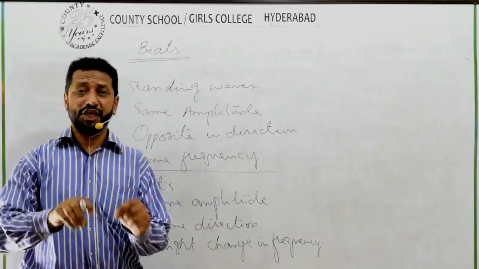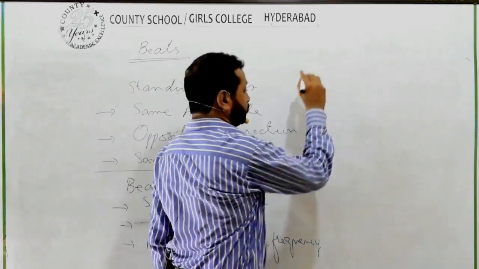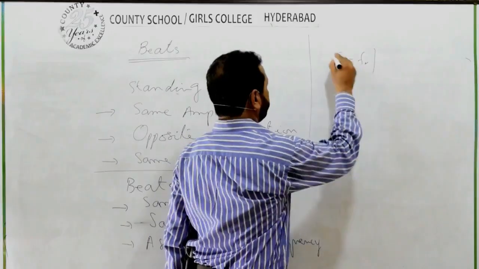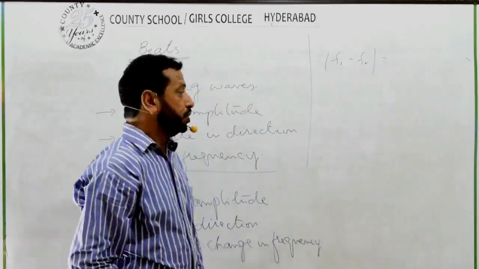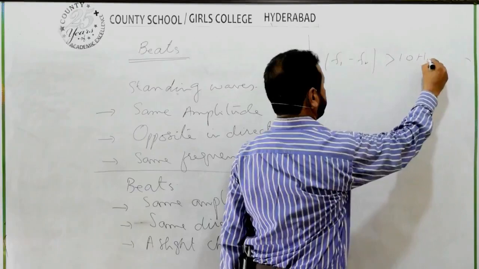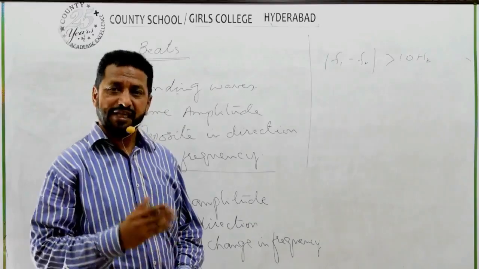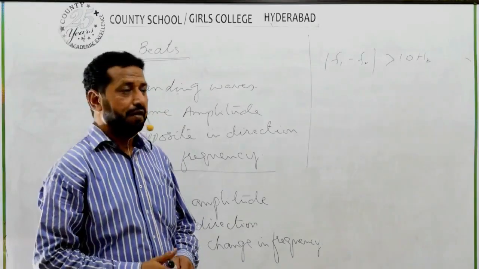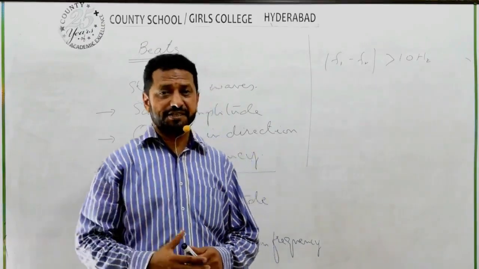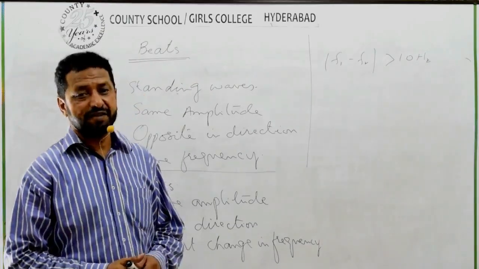When we talk about the change in frequency, in some books it appears that for two frequencies, suppose F1 and F2, the difference F1 minus F2 should be less than 10 hertz. When the difference is less than 10 hertz, then a beat is produced. But for clear beats, one ear can hear the difference should be 7 hertz.